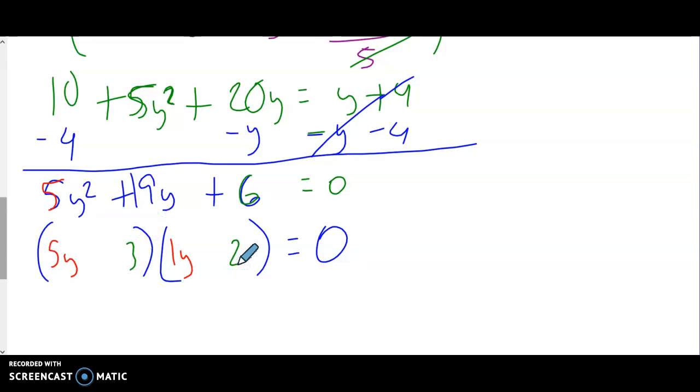3 times 2, alright, so 3y and 10y is 13y, so it's not 19y, so that did not work. We switch it the other way, 3 and 2 that way.